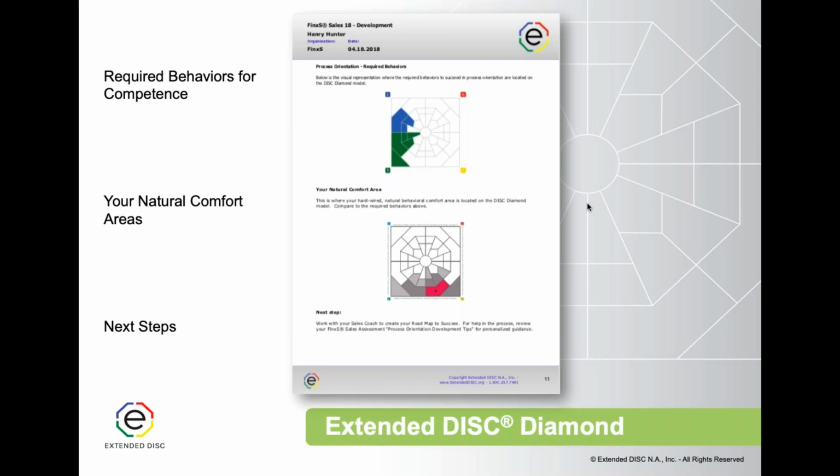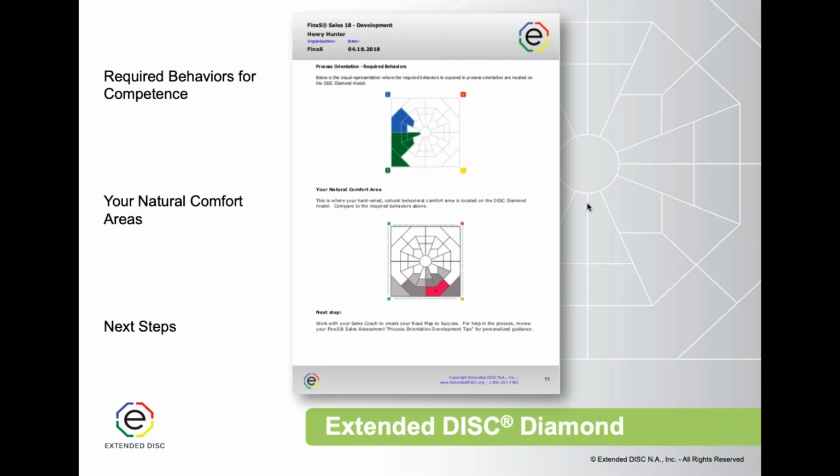The top half of the page shows what kind of behaviors will result in success, in this example with process orientation. The bottom half shows who the person actually is when it comes to the hardwired natural DISC style. So we can see how much they overlay, if any, to visually understand how much adjustment the person needs to make in order to succeed in that area.